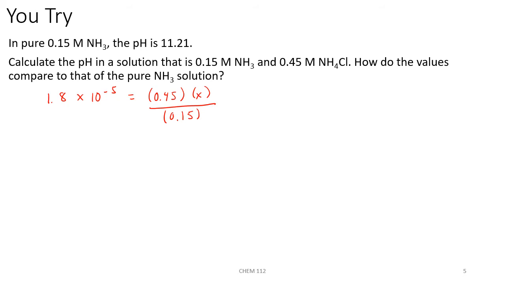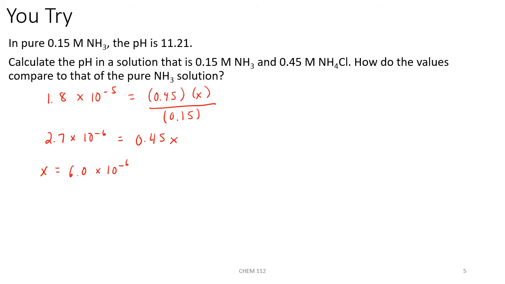So we can multiply both sides by 0.15, and that gives us 2.7 times 10 to the negative sixth is equal to 0.45x. And then we'll divide both sides by 0.45 to get x. So x comes out to being 6.0 times 10 to the negative sixth power.